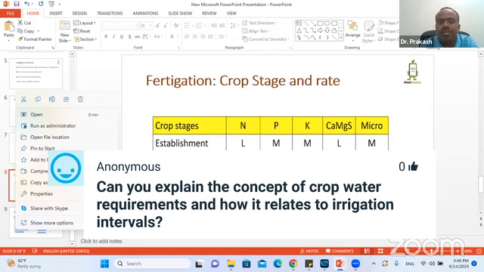At the earlier stage, the establishment stage, suppose we are growing chili.